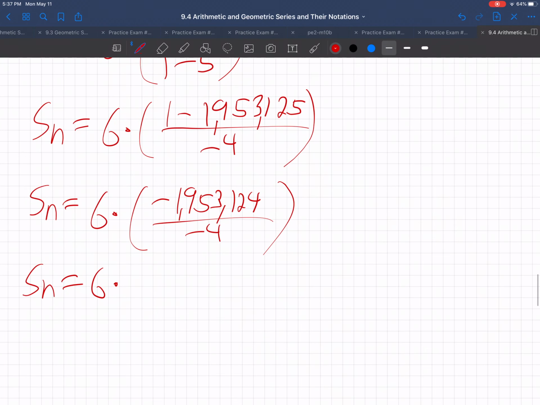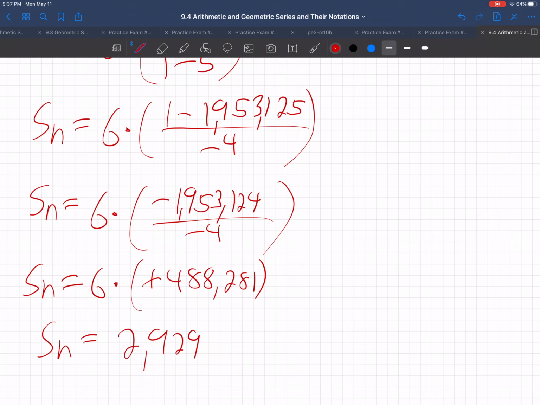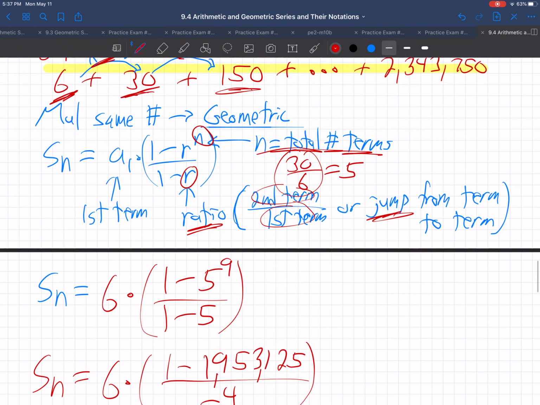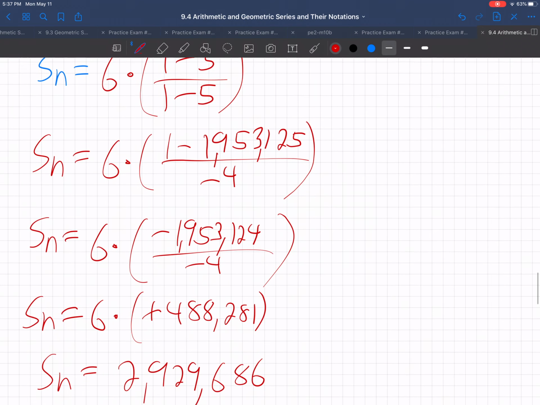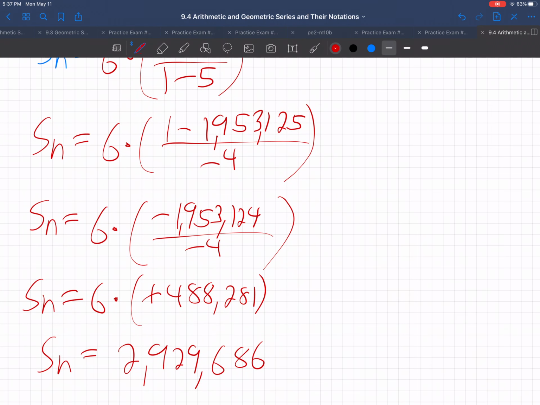And when I divide that, the two negatives make a positive, and I get positive 488,281. So then finally times 6, I'm getting 2,929,686. So I'm hoping, is that the right answer? Is that what they got? Yeah, 2,929,686. There we go.